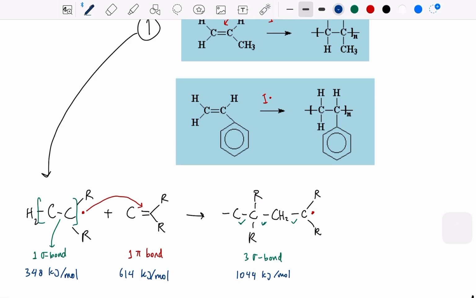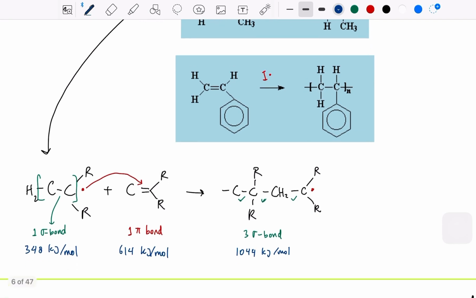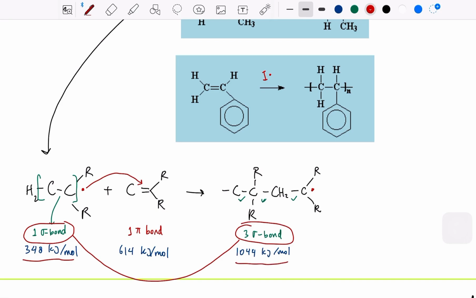So what is going on here? We see the change from 1 sigma bond becomes 3 sigma bonds. So from 348 kilojoule per mole becomes 1044 kilojoule per mole, which denotes that the reaction is exothermic, right?